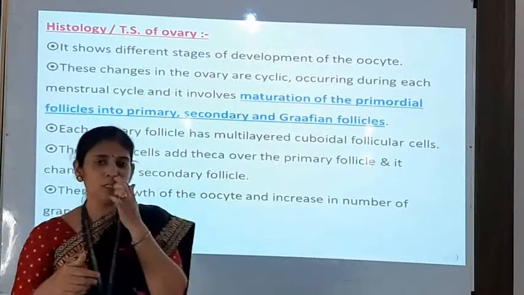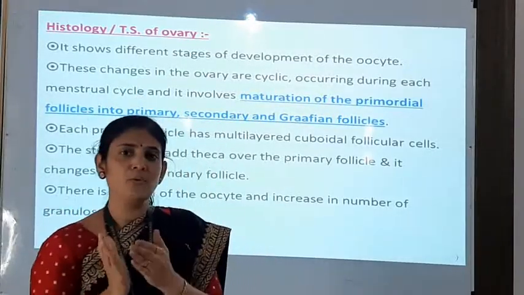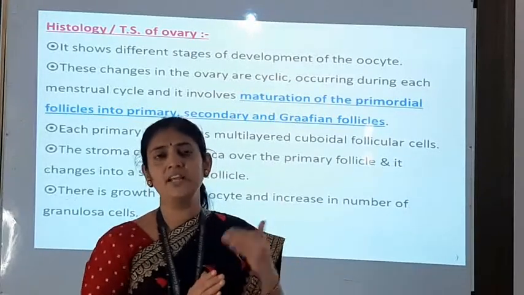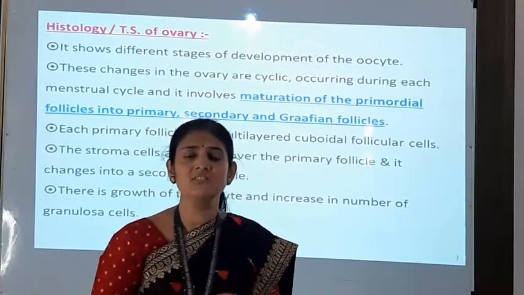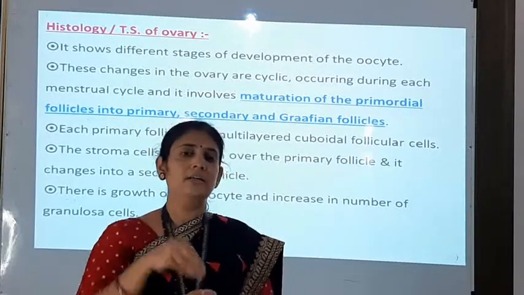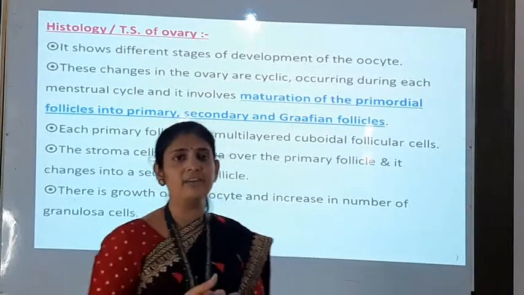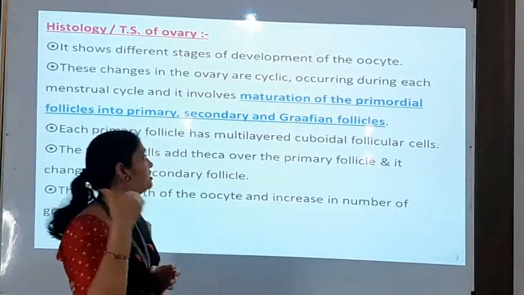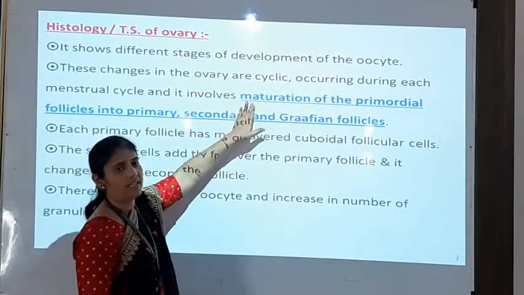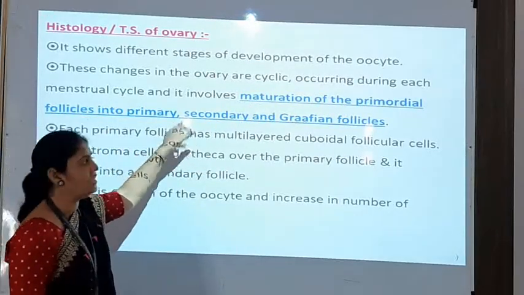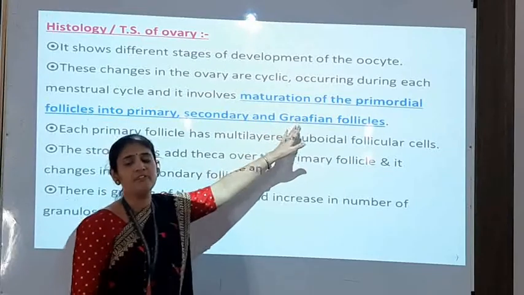In a section of the ovary we see different developmental changes due to the menstrual cycle, that is the maturation of primordial follicle into secondary, tertiary and Graafian follicle.